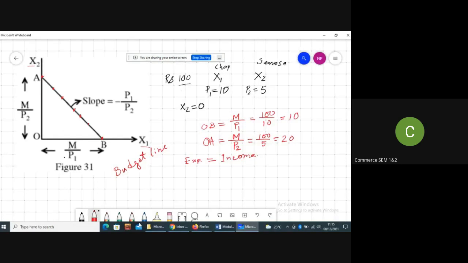If you consume X1 amount of commodity 1 and you know the price of X1 is P1 per unit, what will be the expenditure on commodity 1 if you consume X1 units at P1 price for each unit? How much will be the amount of expenditure on commodity 1?